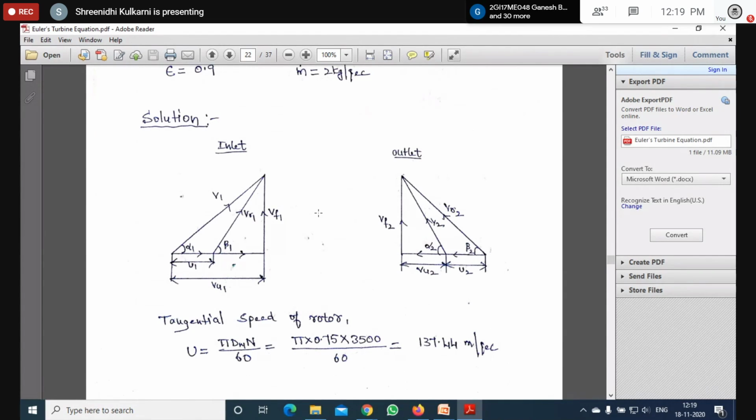Next, here they given the tangential speed of the rotor.